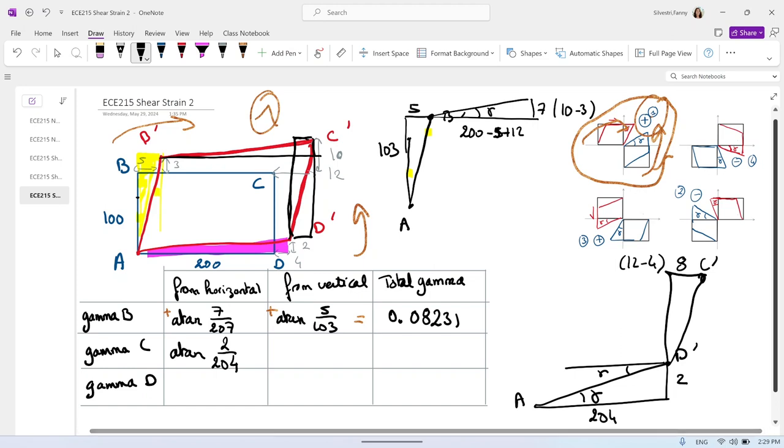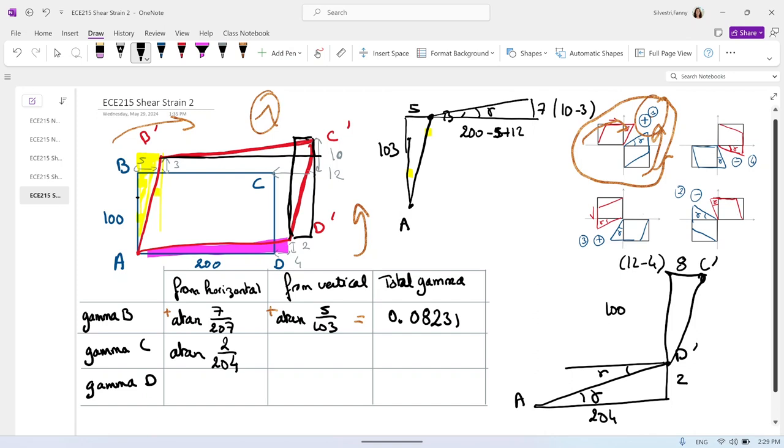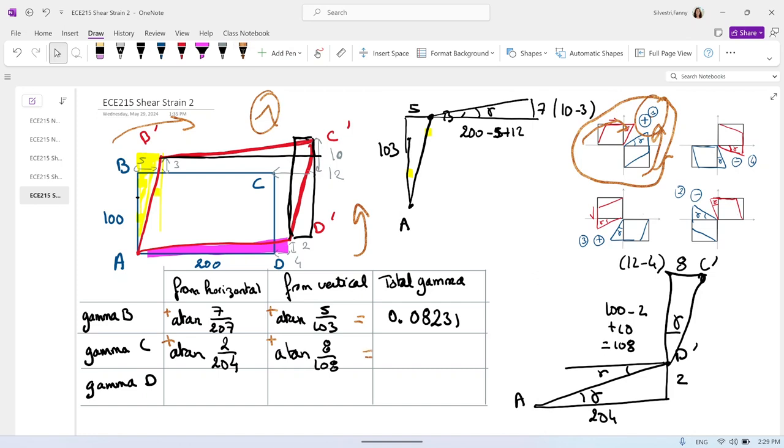And for the vertical distance, that will be 100 minus 2 on the bottom, because it moved up 2, and it moved up plus 10. So that will be 108. So from vertical, this angle gamma will be A tangent of 8 divided by 108. And this is plus, and this is plus, both sides of the D prime are moving up and to the right in quadrant number 1, so they are both plus.